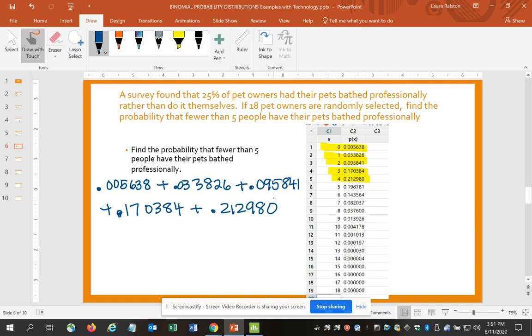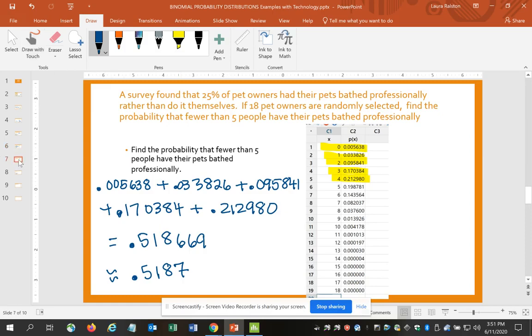And we enter and we get 0.518669. Again, you're typically asked to round to 4 places. This would round to 0.5187. Okay, so there's about a 52% chance that fewer than 5 pet owners have their pets bathed professionally.